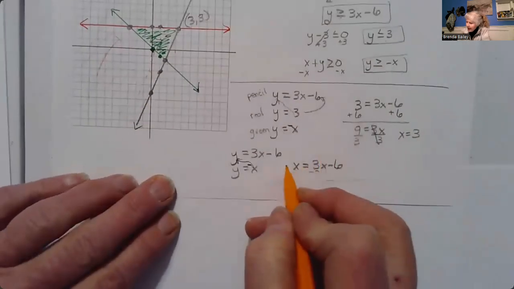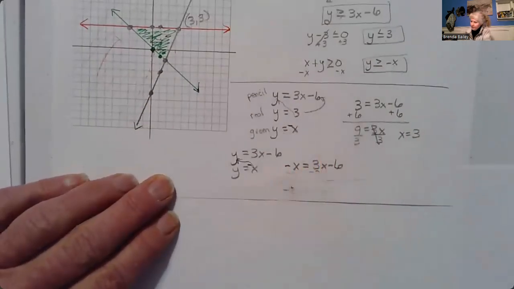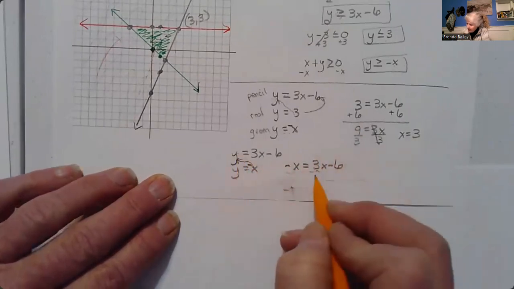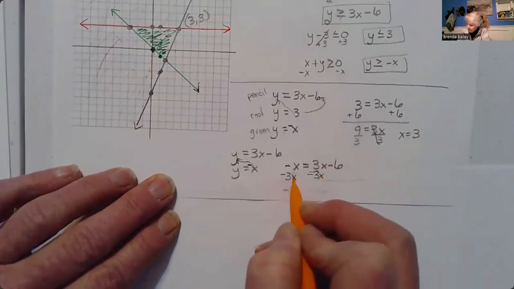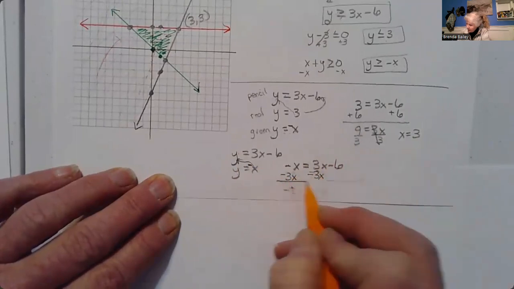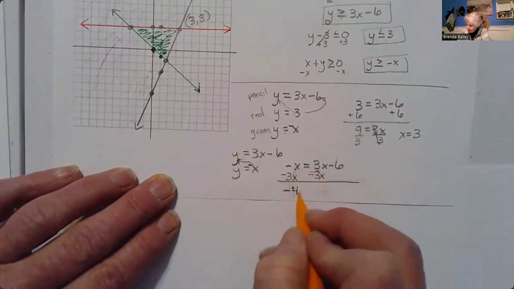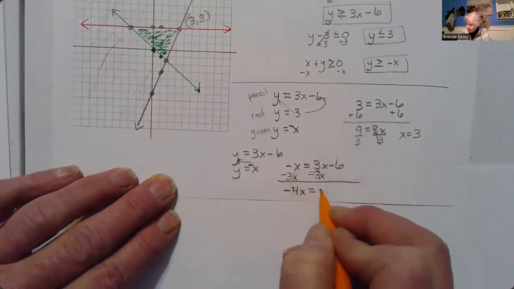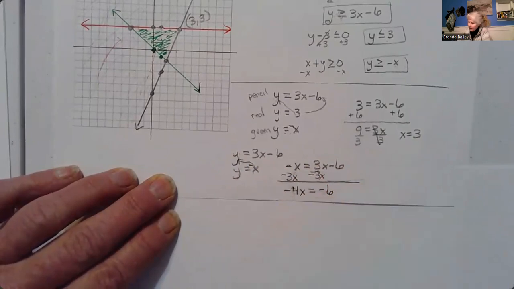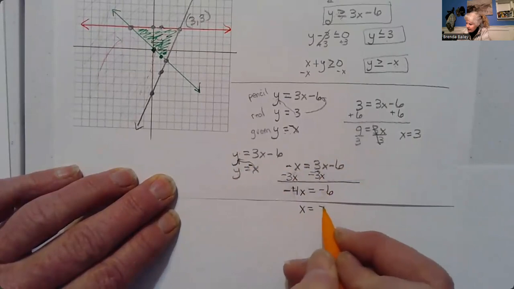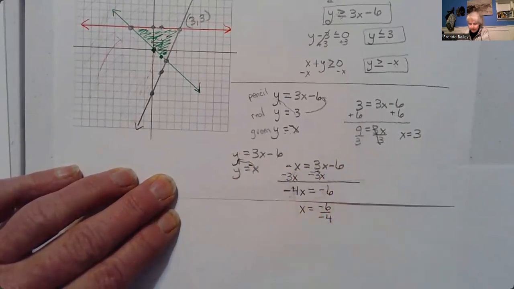Okay, so that's a negative x. Sorry about that. So the y is a negative x. So we have a negative 3x. And that's going to give us negative 4x equals a negative 6. Much better. X then is negative 6 over a negative 4 when you divide by a negative 4.